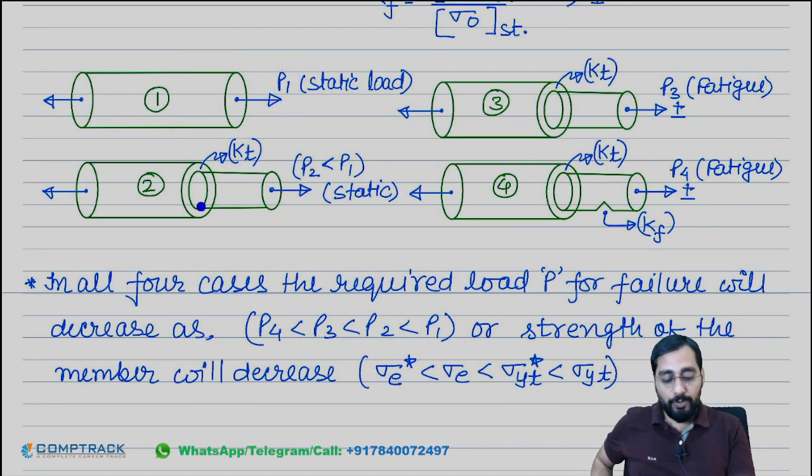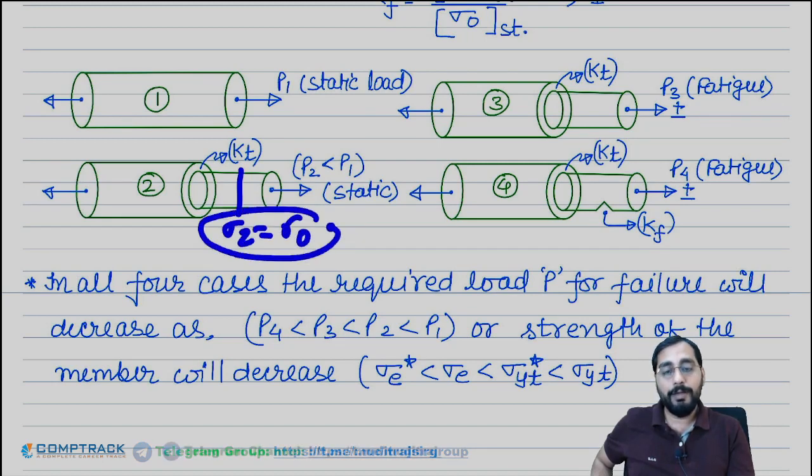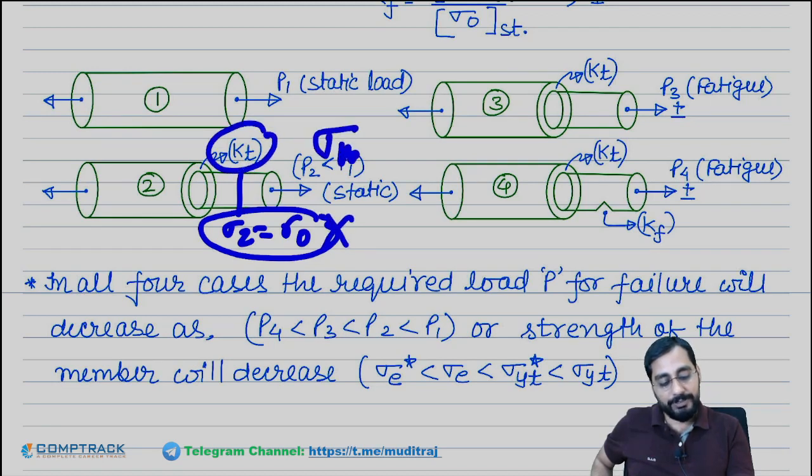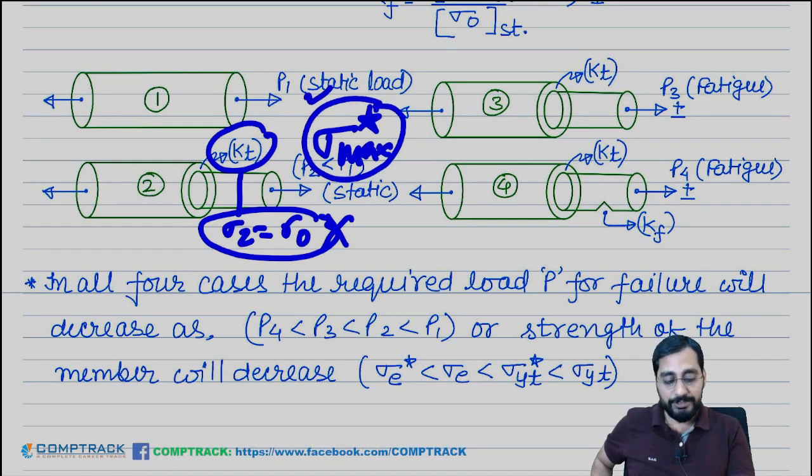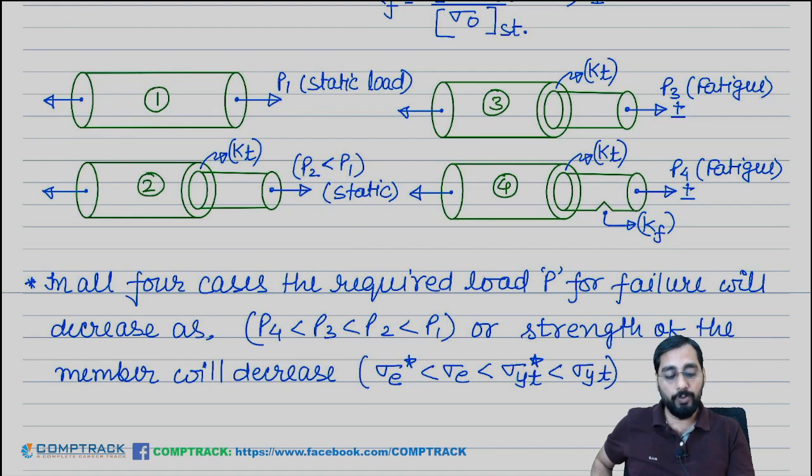Here the stress produced in the member will be sigma 1, here sigma 2. Sigma 2 will become your sigma nominal. And if Kt is given, then here it will not be sigma nominal, there will be sigma maximum star. Yes or no? This stress will be produced due to Kt.